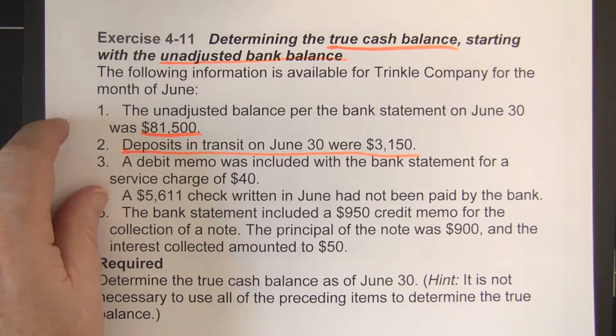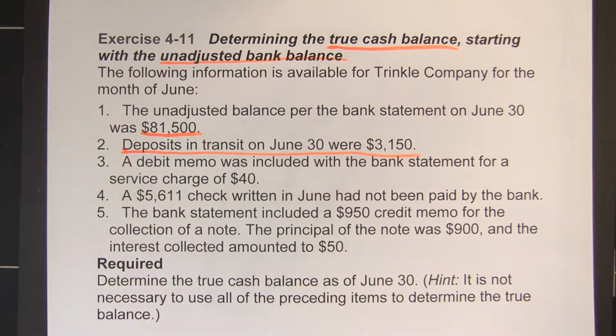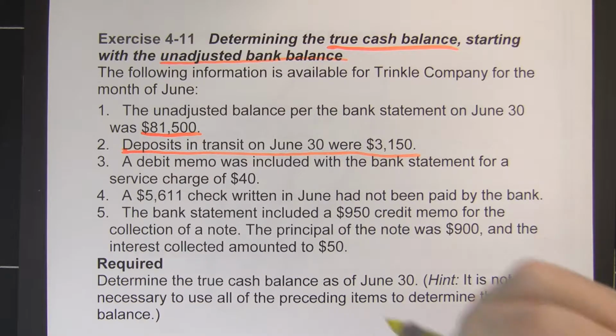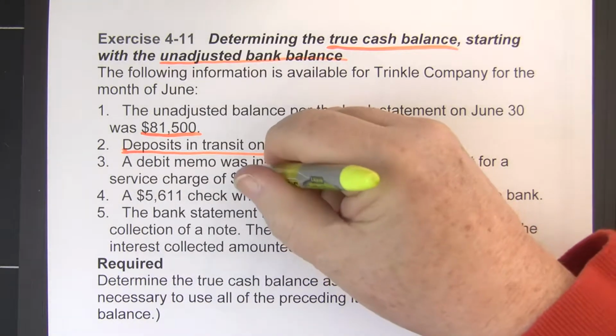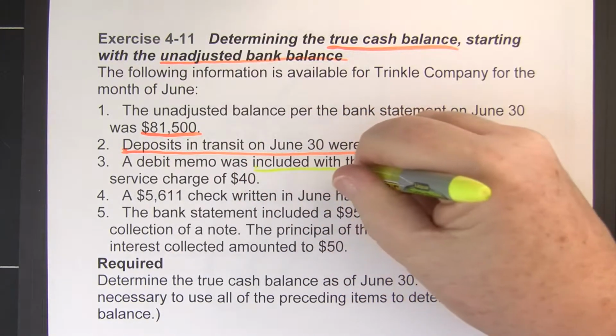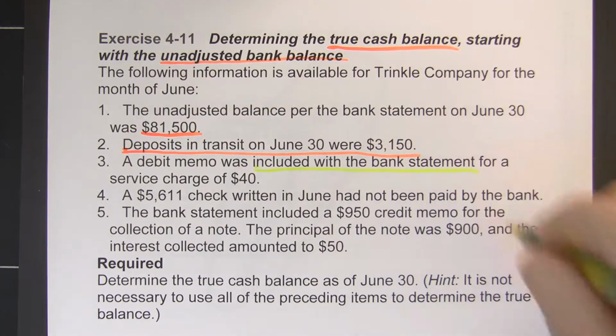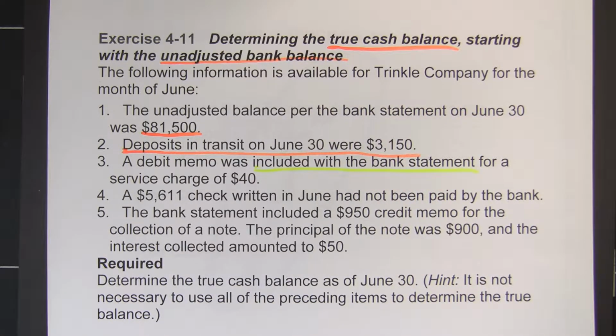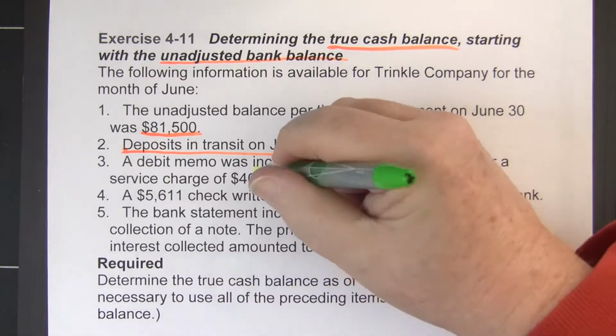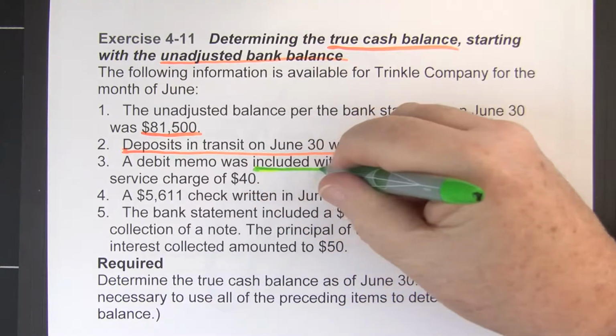Now they tell us that a debit memo was, and here's the magic word that you need to see, included with the bank statement. Let me try a different color. Included with the bank statement.